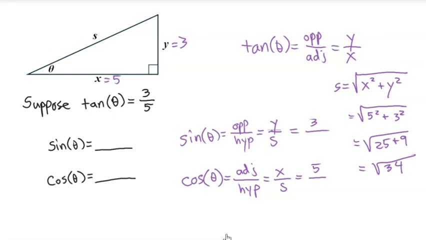So s is equal to the square root of 34, and we can put the square root of 34 in both places.